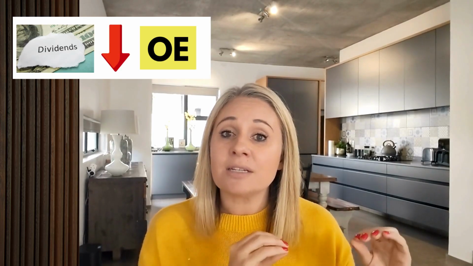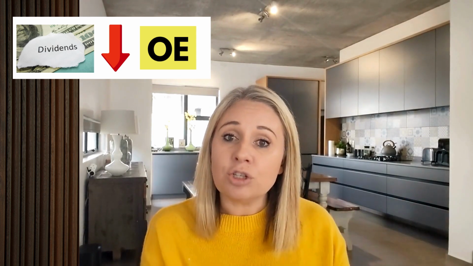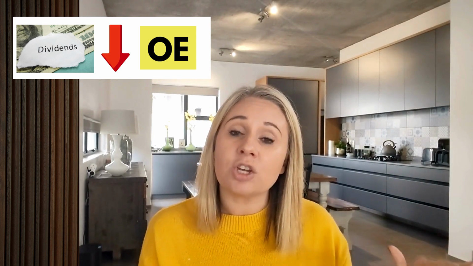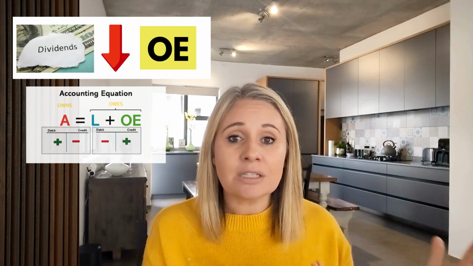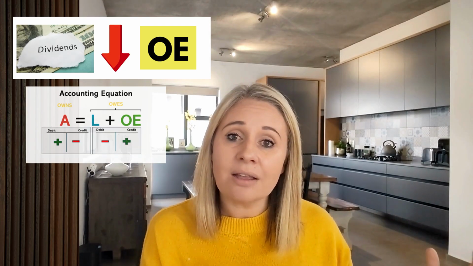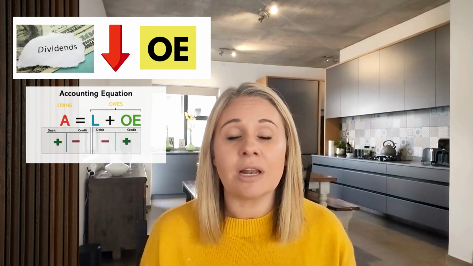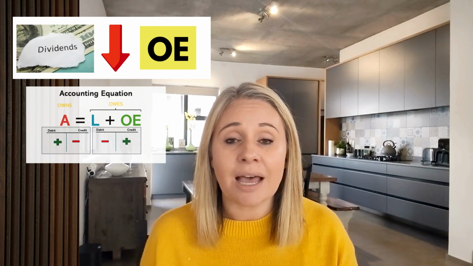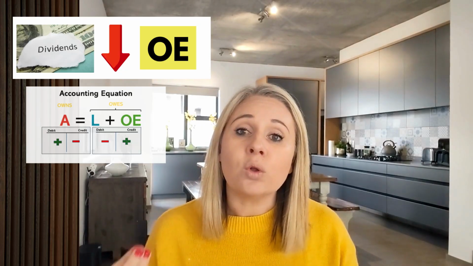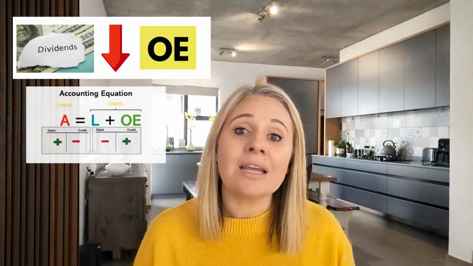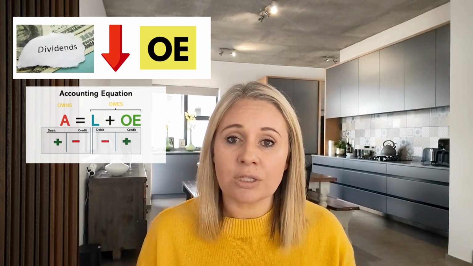So dividends paid reduces owner's equity. On which side does owner's equity decrease? It sits on the right-hand side of the accounting equation, so it decreases on the left-hand side, on the debit side. So dividends paid will always go on the debit side because it reduces owner's equity.